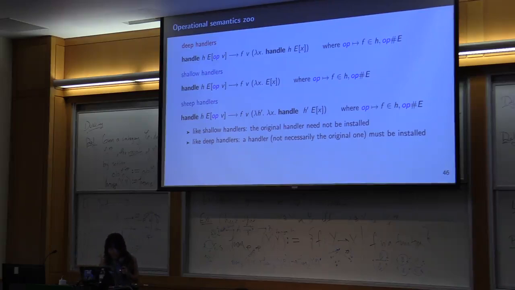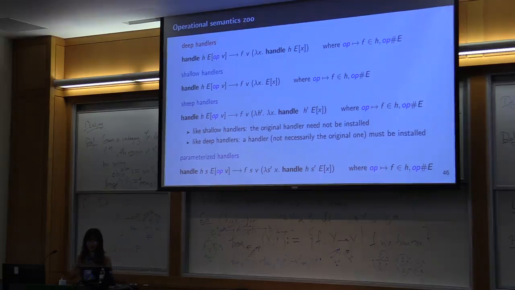Sometimes you will also see parameterized handlers. They are basically handlers that can carry a local state with them. In this case, you can see that the handler takes 3 things instead of 2, and the middle thing, this S, is the state associated with this handler.